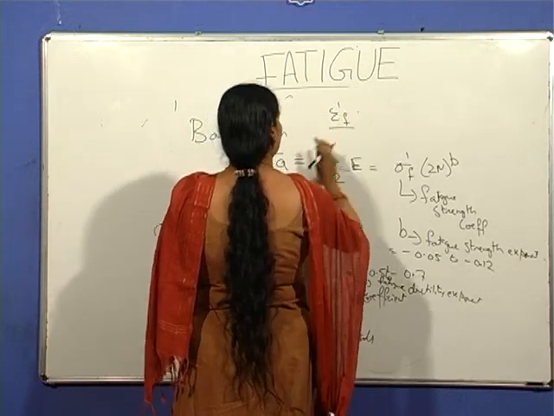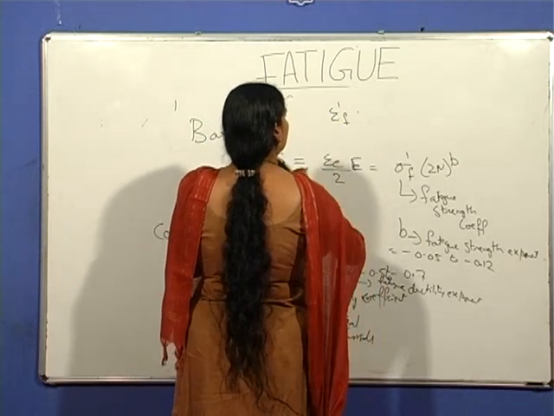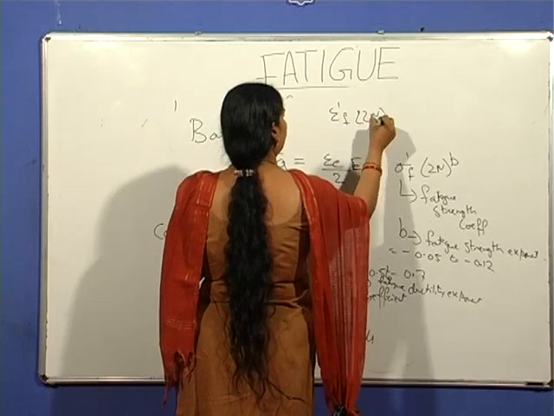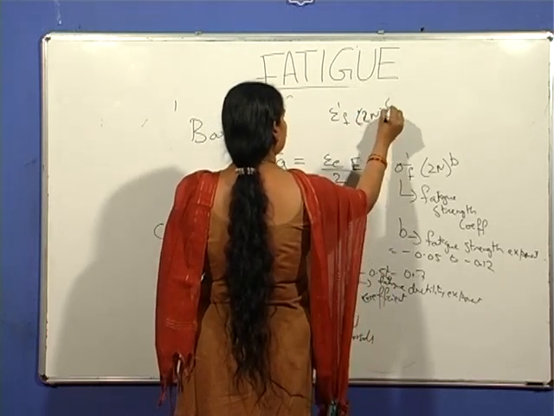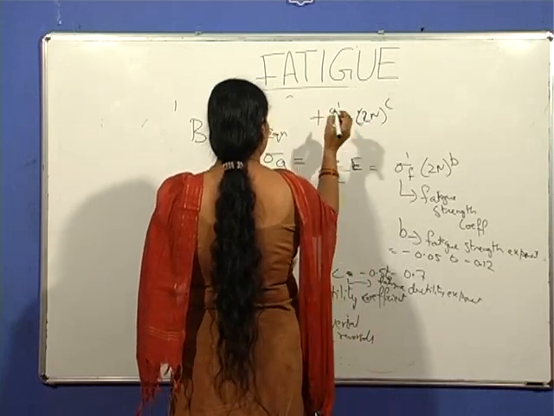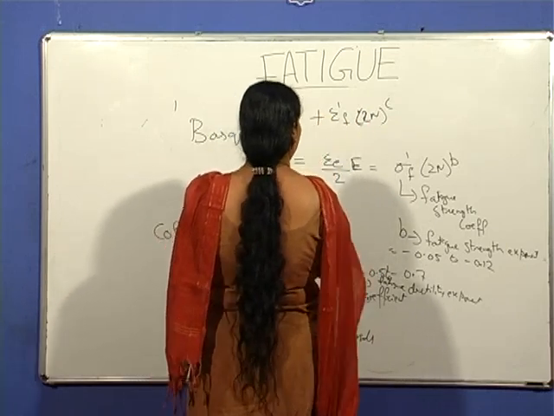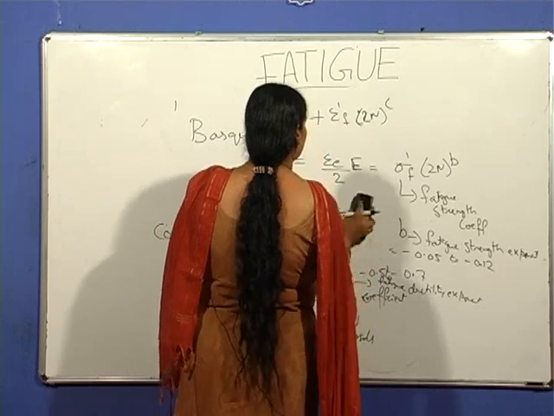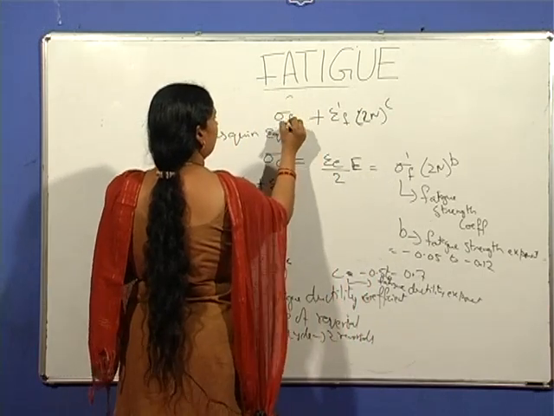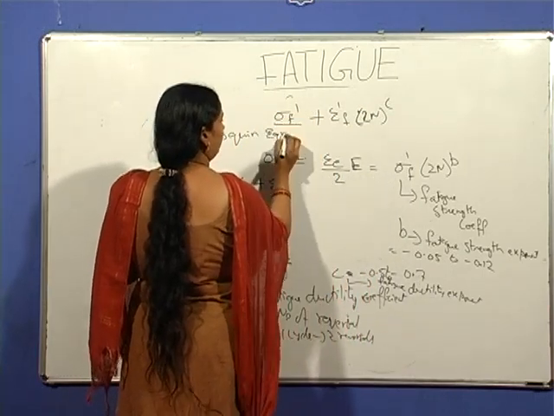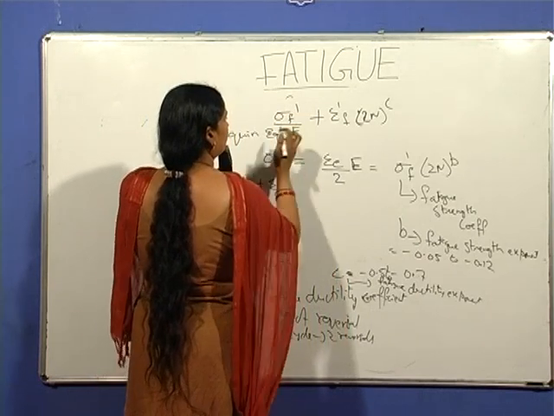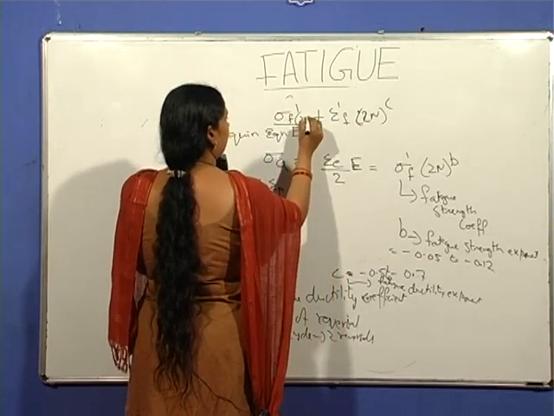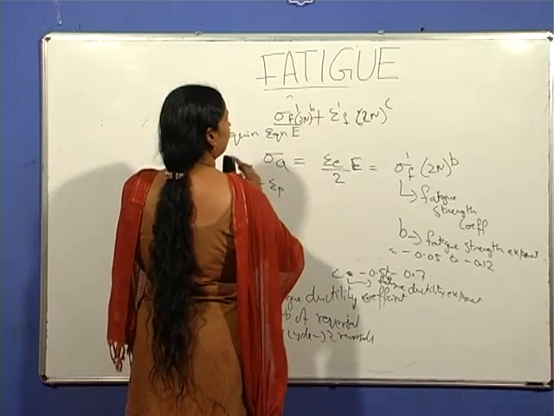epsilon f prime into 2N whole to the power of c, plus sigma f prime by E into 2N whole to the power of b.